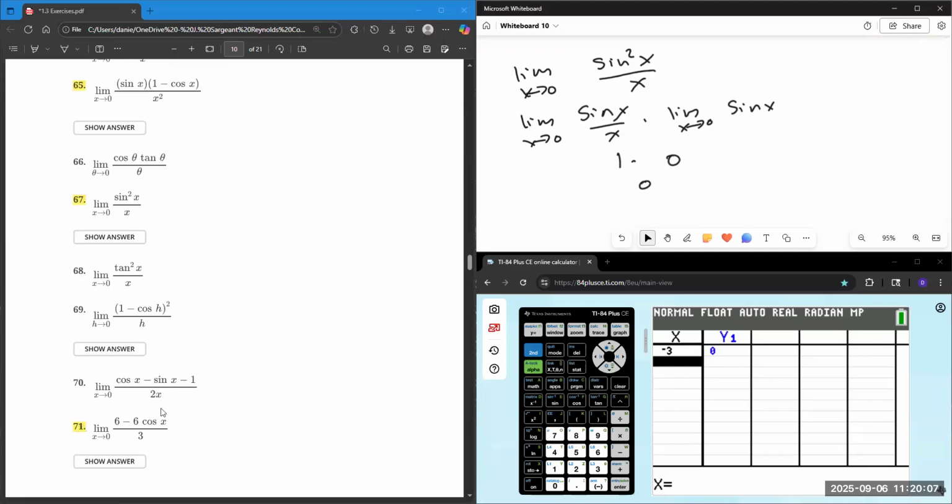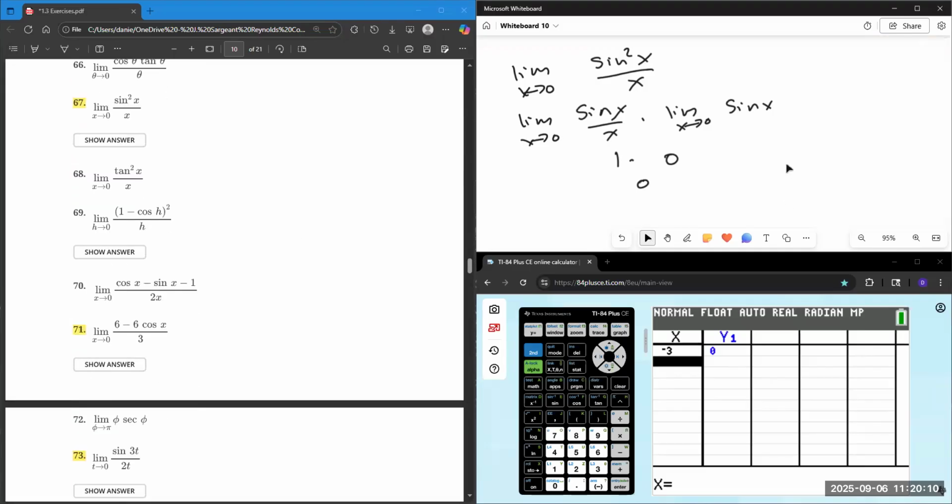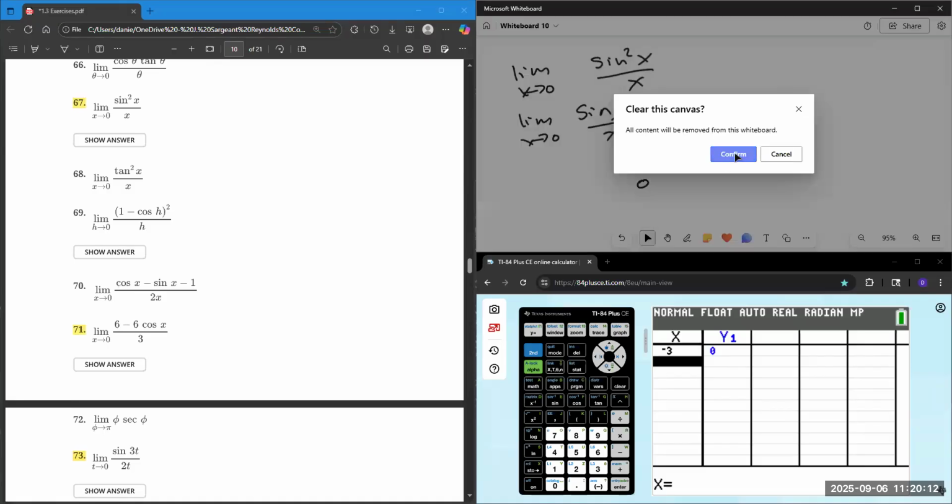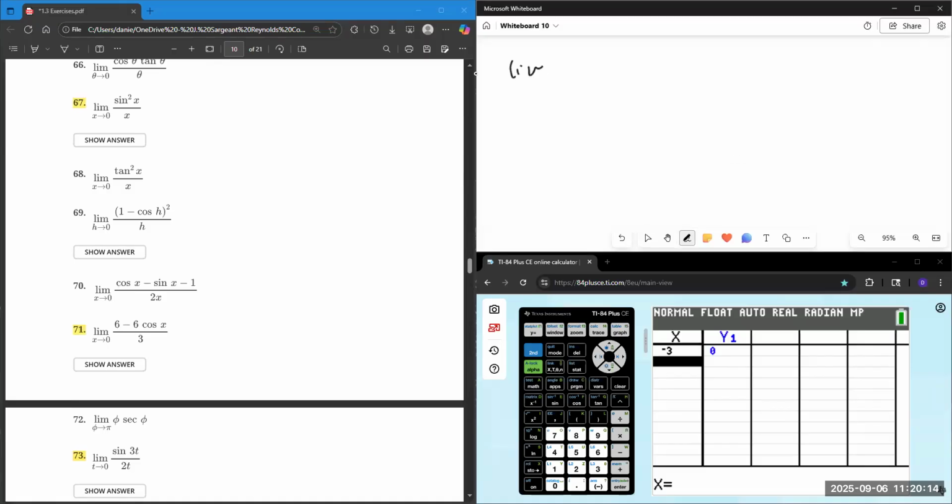Let's look at 71 next. Limit as x goes to 0 of 6 minus 6 cosine of x over 3.